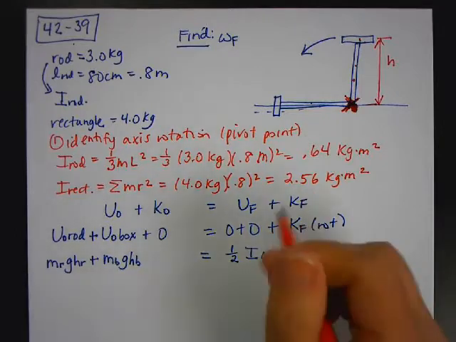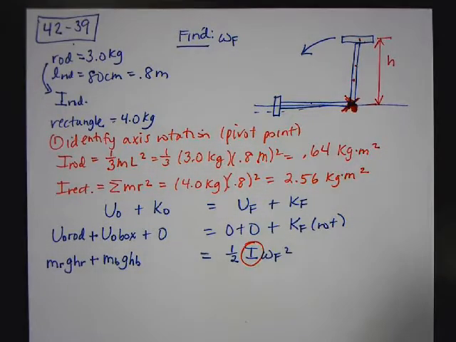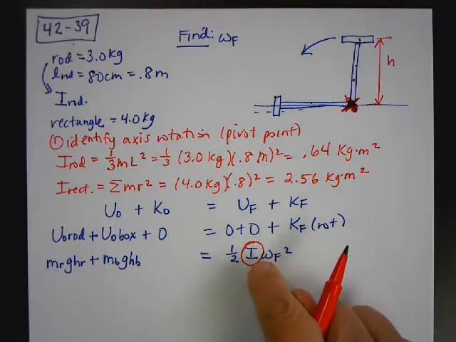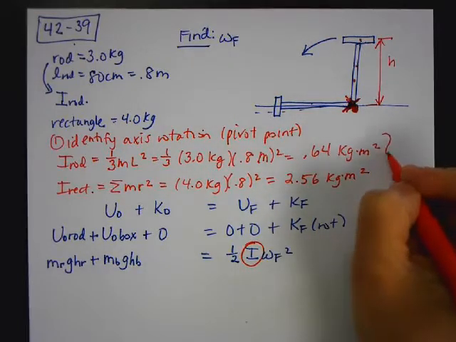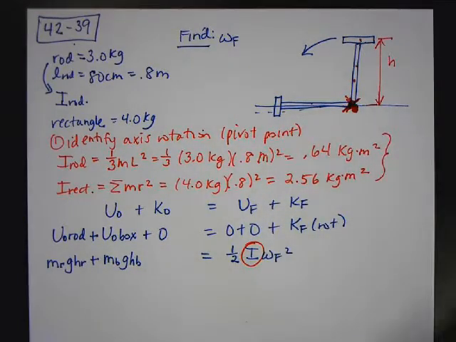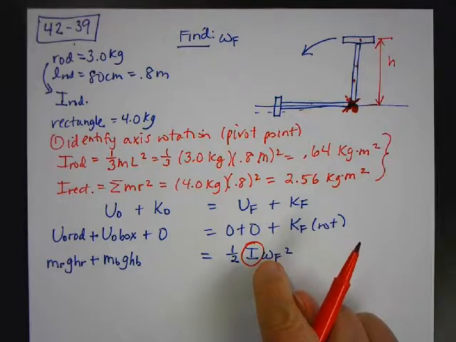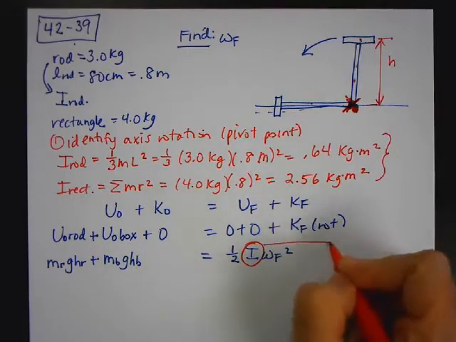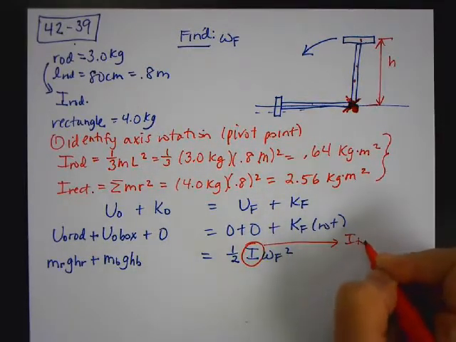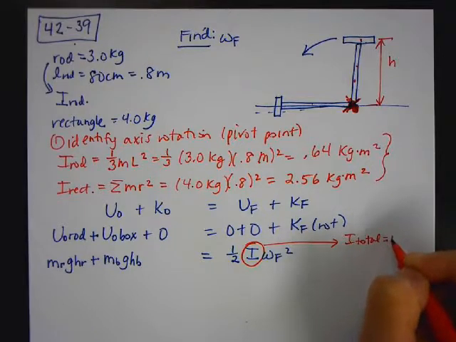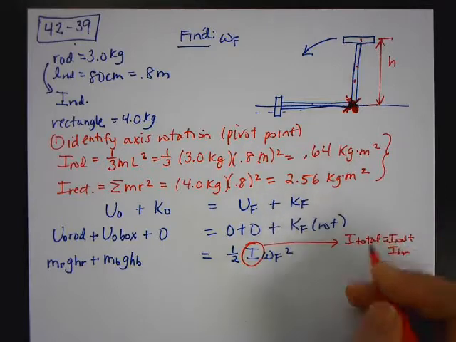Now the key here is this moment of inertia is the moment of inertia of these two things together. So the moment of inertia, I, this is really I total. I'm just going to write to the side that the total is equal to I of the rod plus I of the box. So I would add those together.